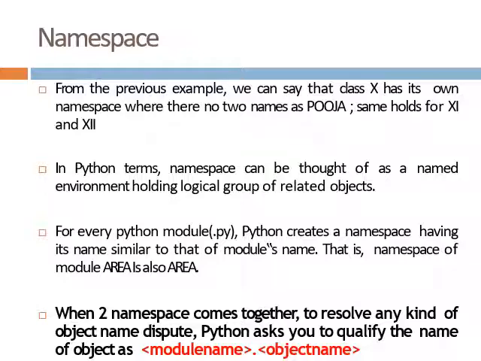Suppose area is your module name, then area will be the name of your namespace. Similarly, when two namespaces come together, to resolve a confusion we use the module name dot the object name. So this is how a namespace is explained in Python.